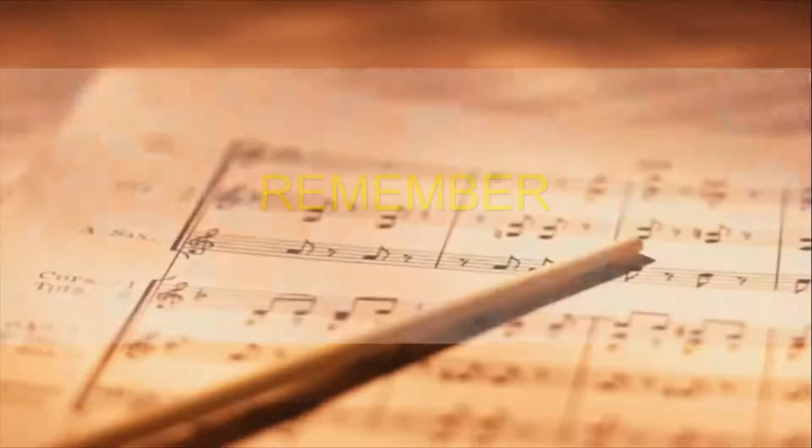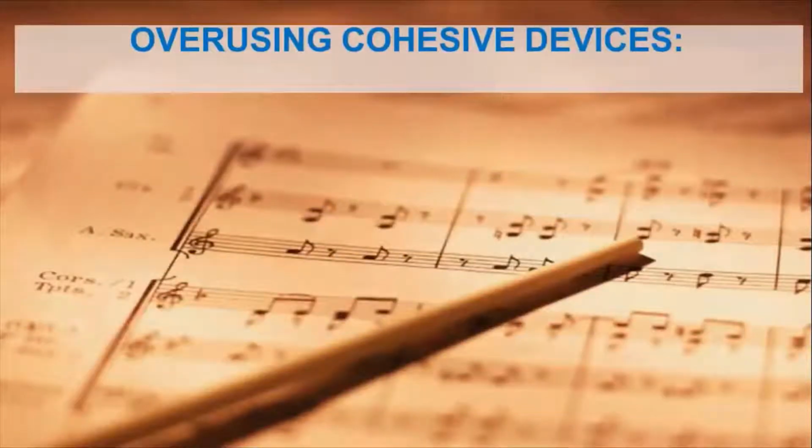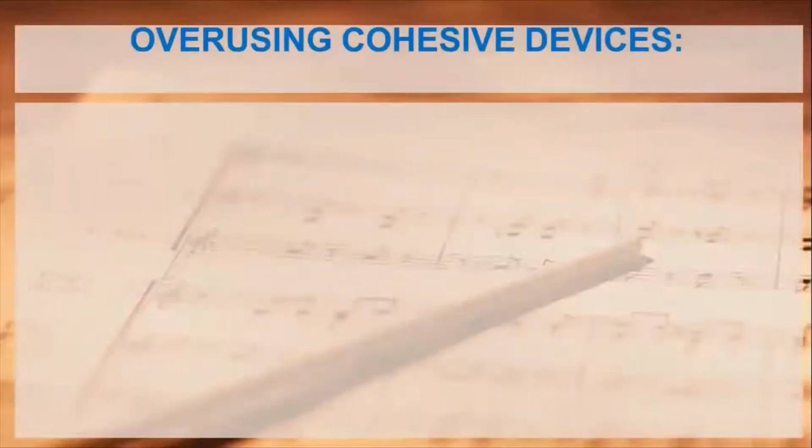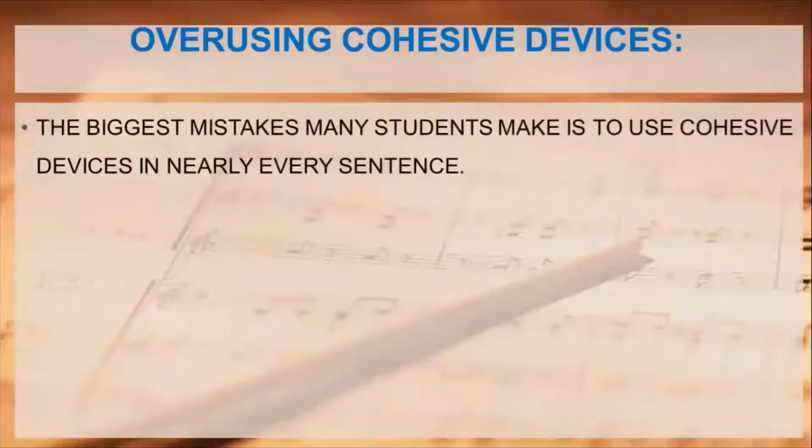You need to remember certain points while you deal with cohesive devices. It is an area where you can make mistakes unknowingly, so you need to concentrate on this topic. One problem that people might face while they use cohesive devices is the overusage of cohesive devices. Why does this happen? Why do they usually overuse cohesive devices?